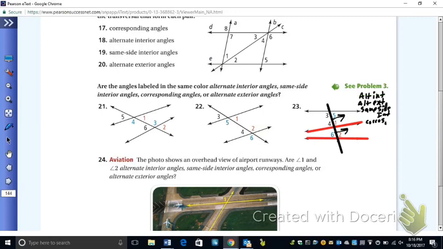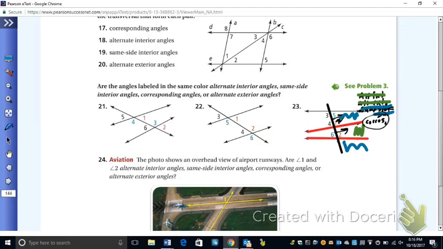Being that they're on the same side of the transversal, we can get rid of alternate interior and alternate exterior. We then have to figure out whether they're same side interior or corresponding. Well, if they were same side interior, they'd be both on the inside of the angle. So instead of one being up here on the outside, one would be right there on the inside. It's not so. They're on the outside, so they are corresponding.